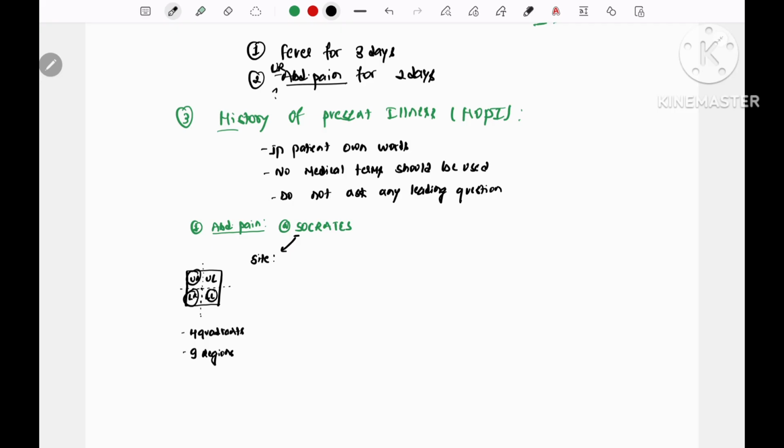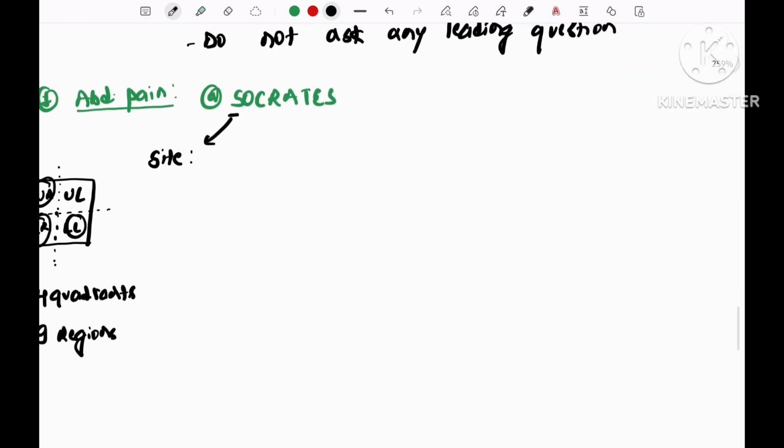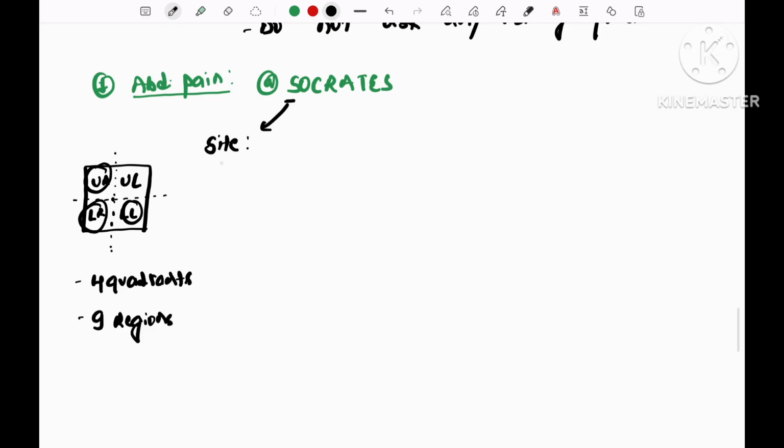In this way we have to write in the chief complaint also. In the history of present illness, we first mention the pain site. The site is upper right, upper left, lower right, or lower left.